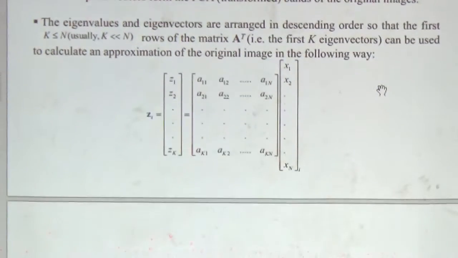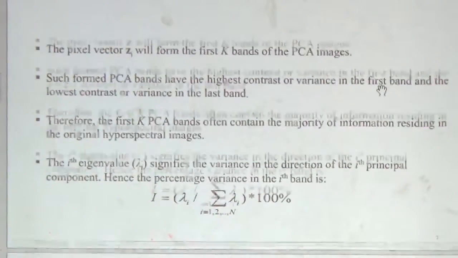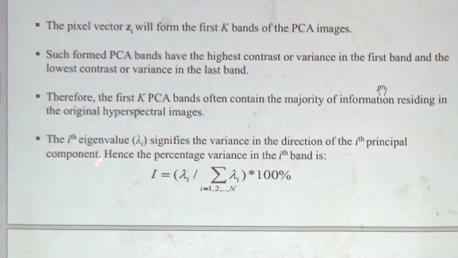So this is the idea of principal component analysis. The first K PCA bands contain the majority of the information residing in the original hyperspectral images, and the property of the transformed data is such that the first PCA band will have the highest contrast and the highest variance.